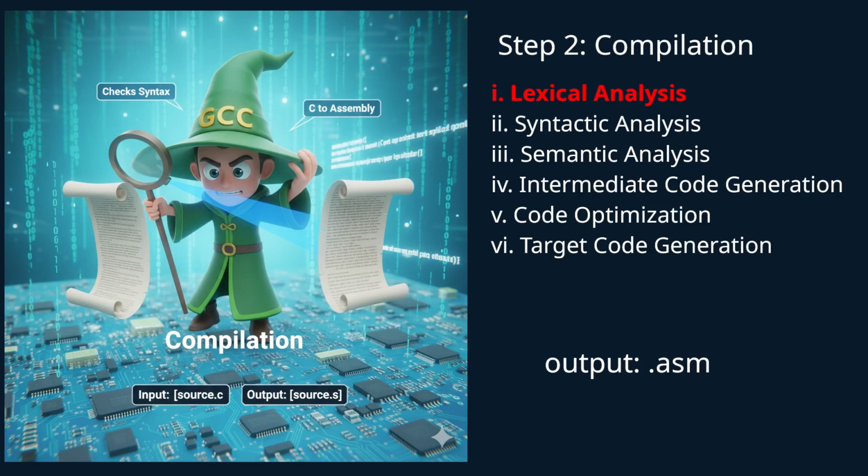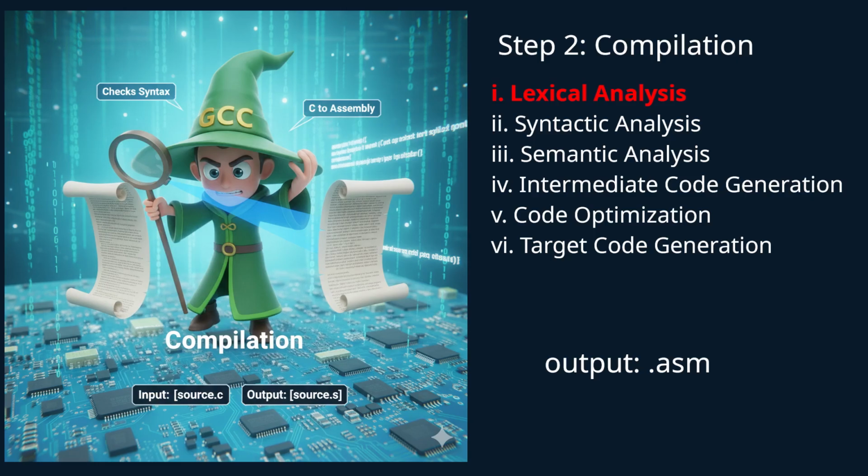Stage 2 is compilation. The compiler takes the preprocessed source code and translates it into assembly code, a low-level language specific to the target CPU architecture. Example, x86 or ARM. Lexical analysis.